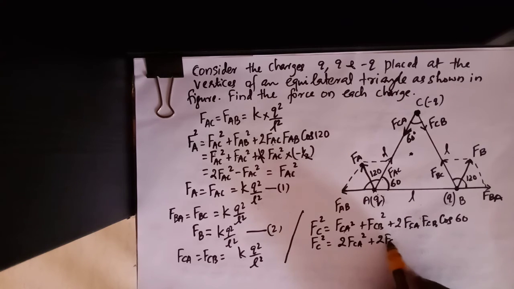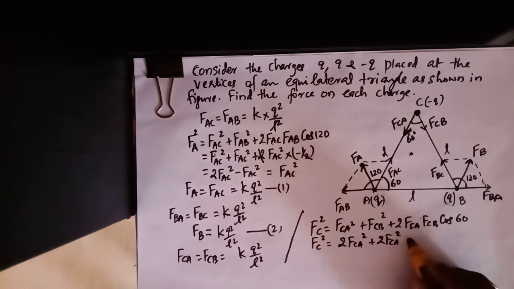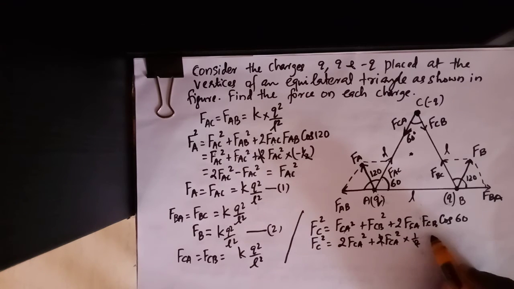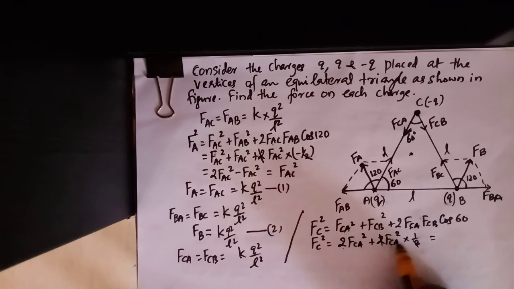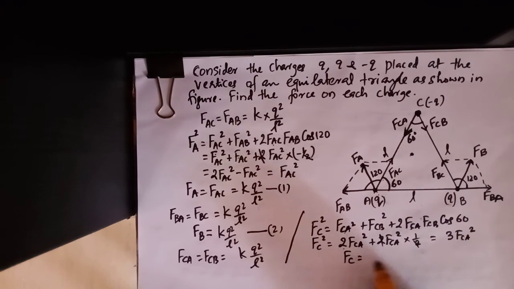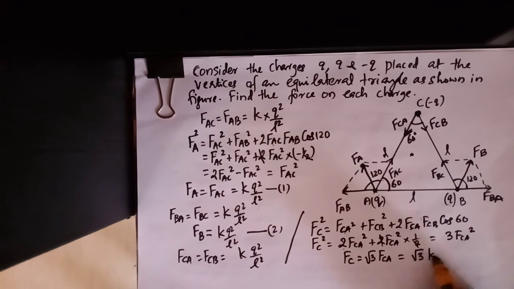When you multiply these two, you have Fca square cos 60. What is the value of cos 60? Okay, cos 60 is equal to 1 by 2. Now these two cancel. So what will we get? 2 Fca square plus Fca square is 3 Fca square. Now what is Fc? Fc is equal to root 3 times Fca. What is Fca? It has a value K into Q square by L square. This is equation number 3.